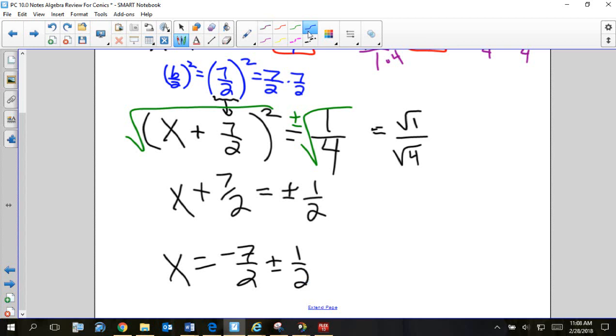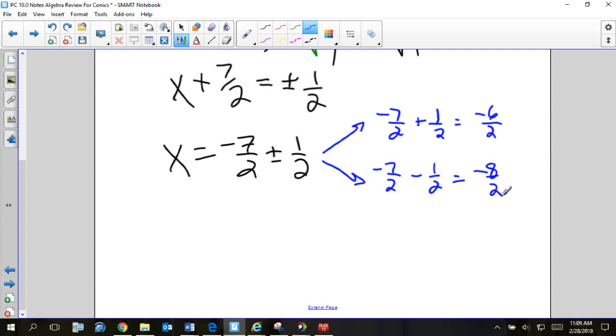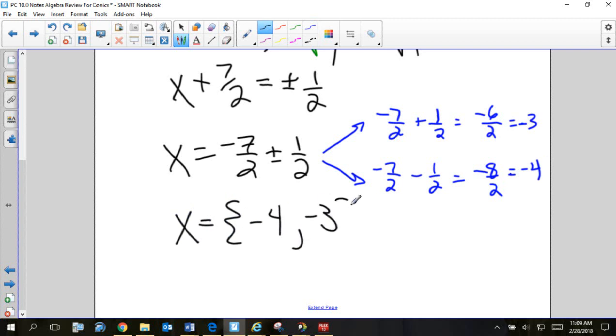So I need to add together negative 7/2 plus 1/2, and I need to add together negative 7/2 minus 1/2. So that's negative 6/2 or negative 8/2, which is negative 3 or negative 4. Why did I write my negative 4 first? More negative.